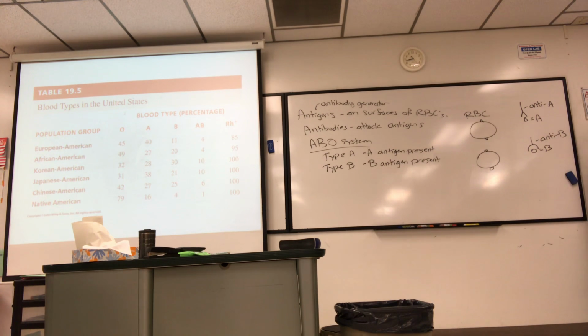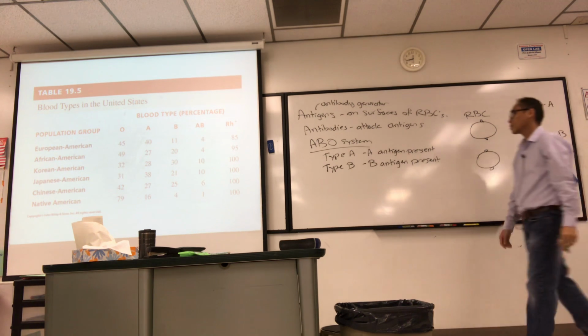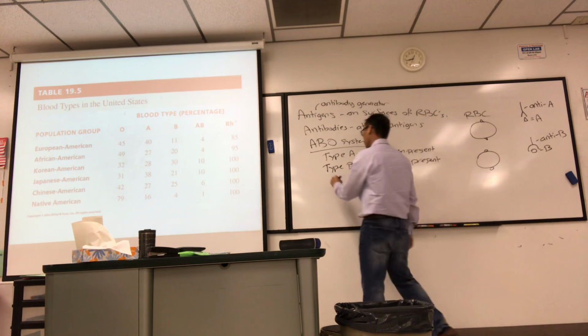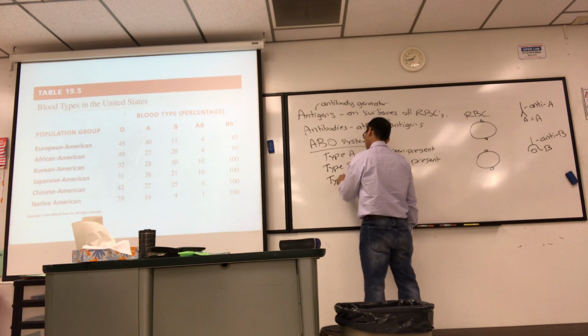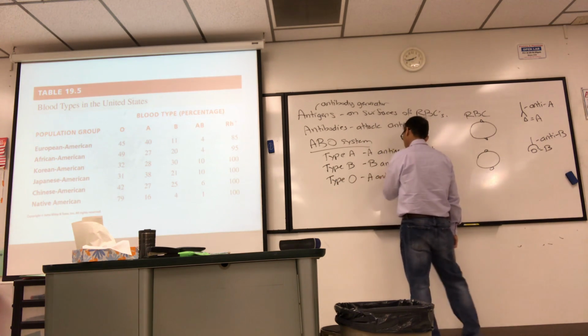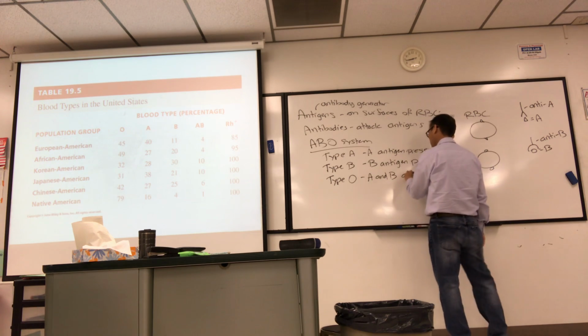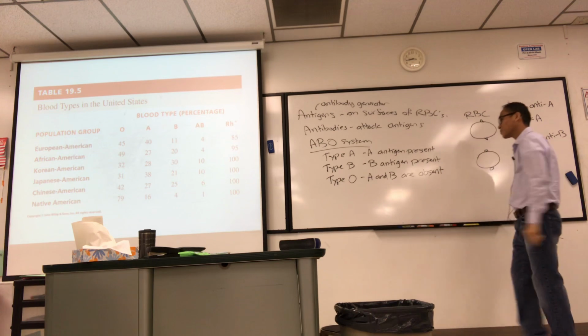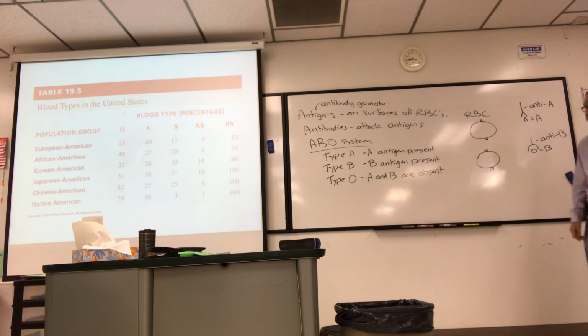So that's type B. Type O means you don't have A or B. They're both absent. So O is not an antigen. It means the absence of A or B. So that's the ABO system.